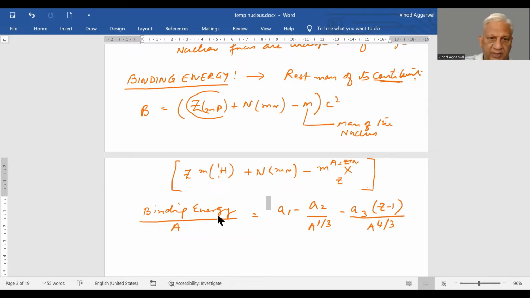This is the formula for binding energy per atomic mass number. Here A1, A2, A3 are all constants. Z we know is the number of protons and A is the atomic mass number. So this is the formula which is given.